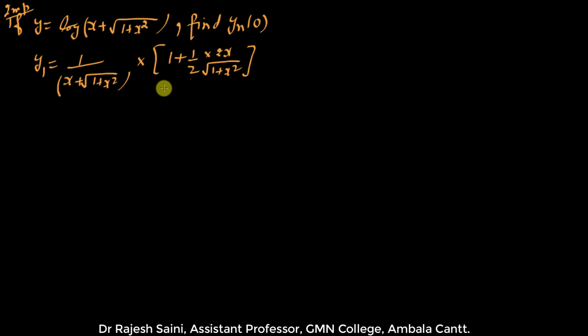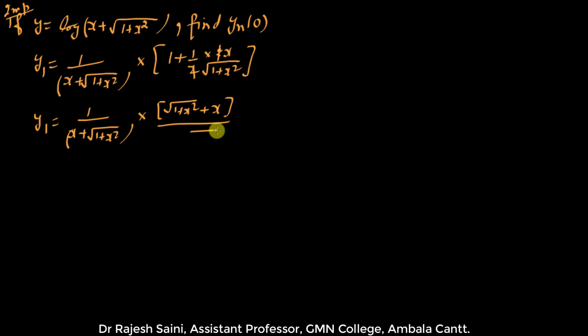Okay, fine. So this is further equal to, 2 and 2 will cancel out, 1 by x plus root 1 plus x square into, now take the LCM, root 1 plus x square plus x divided by root 1 plus x square.